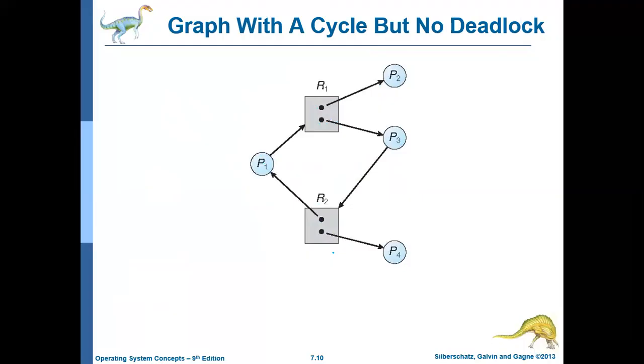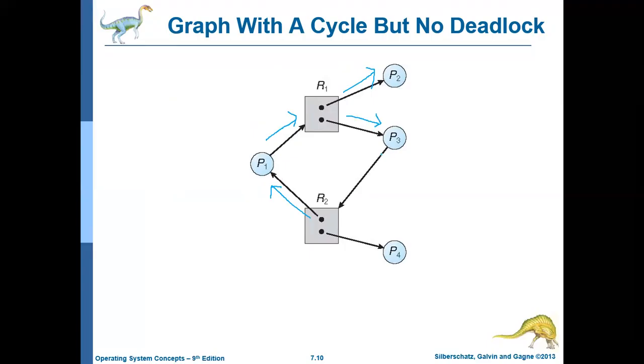One instance of R2 is allocated to P1 and P1 is requesting the resource R1. But one instance of R1 is allocated to P2 and another instance of R1 is allocated to P3.